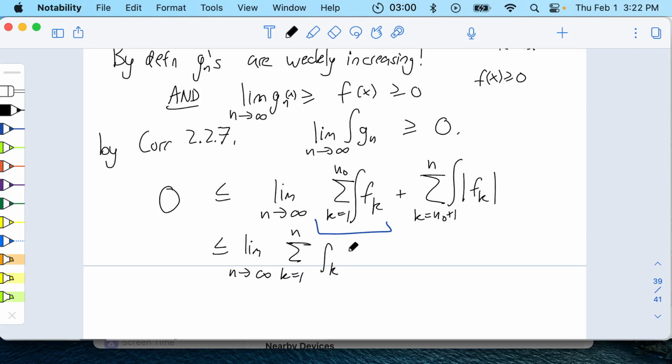The integral of f_k. I'm going to add on, what am I going to add on? This infinite sum, n equals n_0 plus 1 to, actually, I don't want it to infinity. I just want it to n. Okay, great. And I'm going to add f_n plus the absolute value of f_n. That's what I'm going to add on.